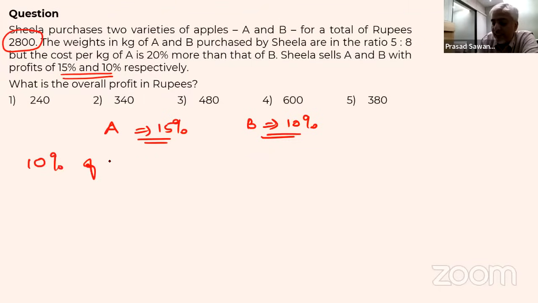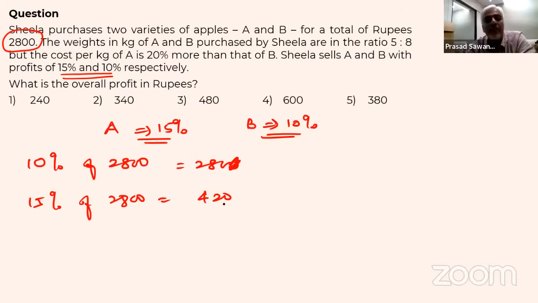All this you don't write; I'm writing only just to show you. 10% of 2,800 is 280, and 15% of 2,800 is 420. So can I say definitely my answer has to be between these two numbers? So 240 is out, 480 is out, and 600 is out. By doing literally nothing, 3 options got eliminated.